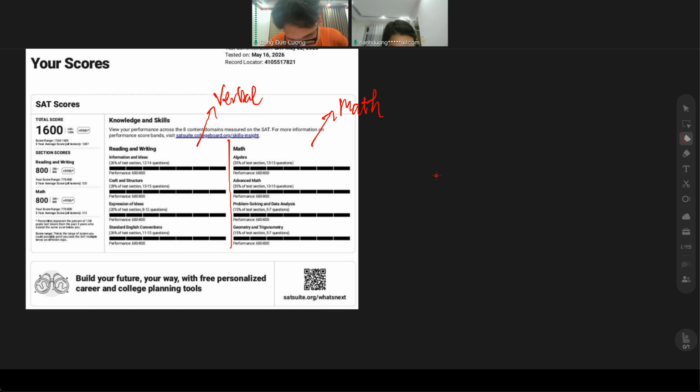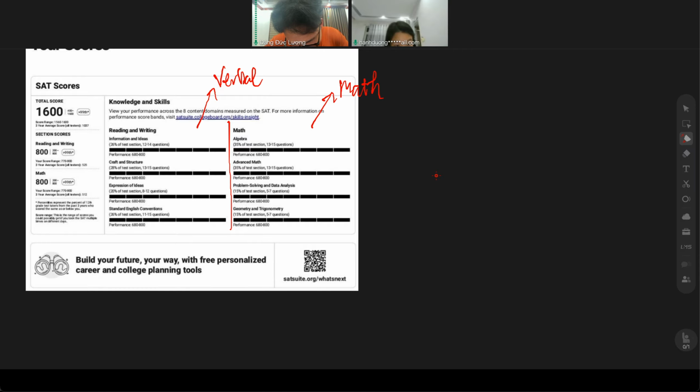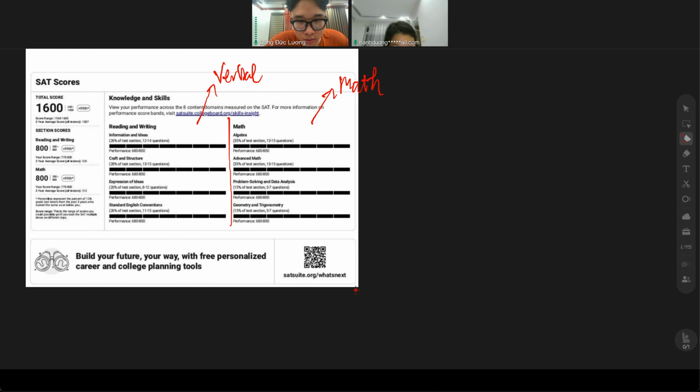You can see that it is broken down into 4 parts here. First is information and ideas. I will zoom it out for you to see. Can you see the small text? I can.